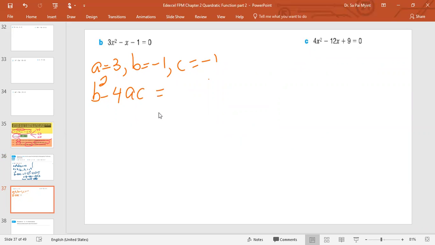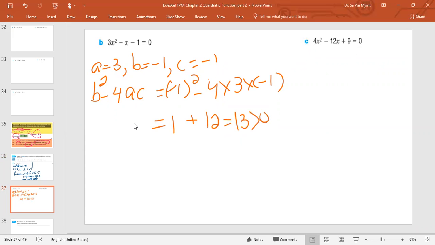B squared is minus 1 squared, the whole squared, which is 1. Minus 4 times a, which is 3, and c, which is minus 1. Minus minus changes to plus, 4 times 3 is 12. So what do you get? 13. 13 is greater than 0.